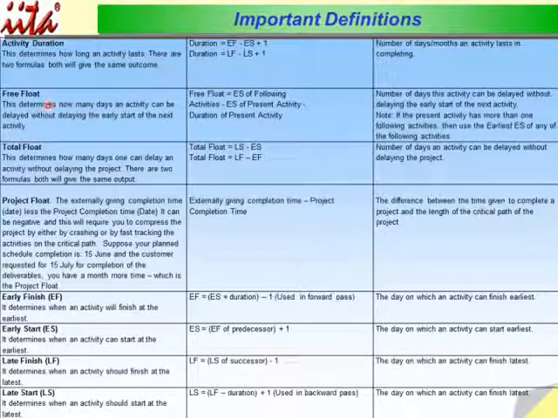Free float: this determines how many days an activity can be delayed without delaying the early start of the next activity. Free float is equal to early start of the following activity less the early start of the present activity less the duration of the present activity.